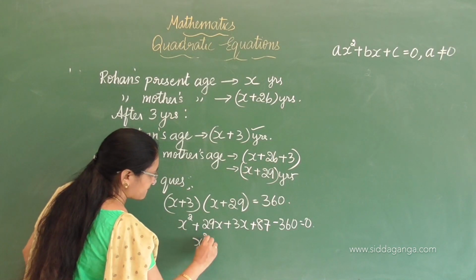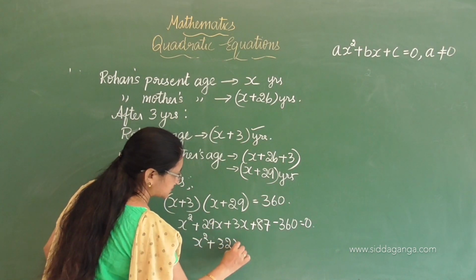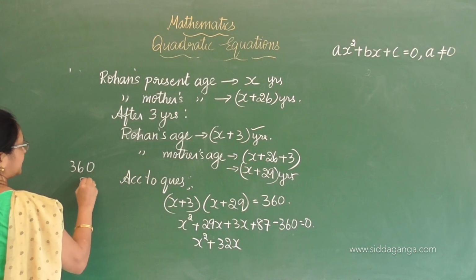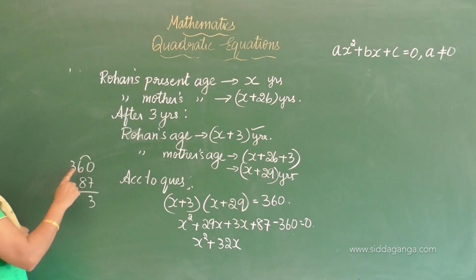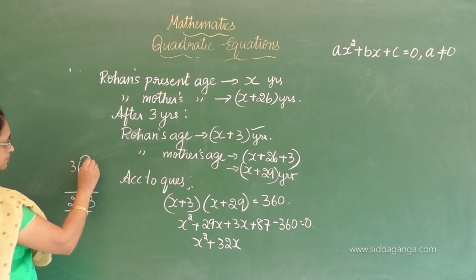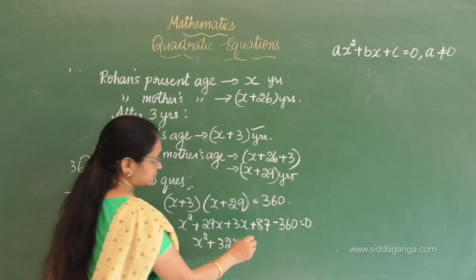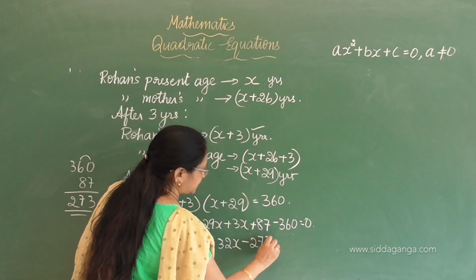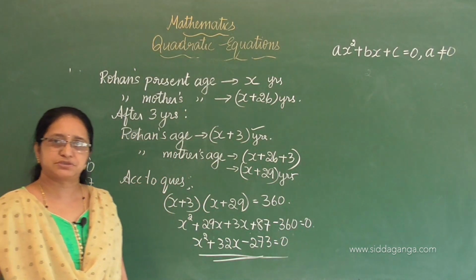So, x square, now here 29x plus 3x is 32x, then 87 minus 360 gives minus 273. Hope it is correct. So, minus 273 is equal to 0, because the greater number has the minus sign. See? You got the quadratic equation.